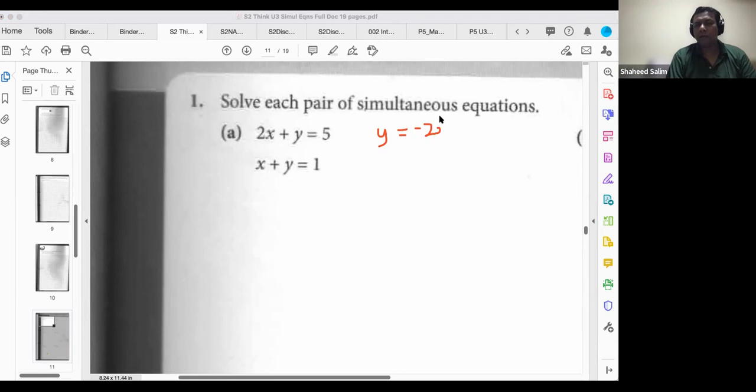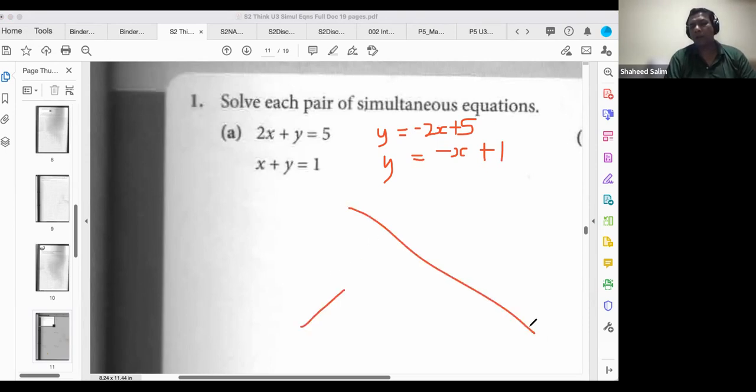This here is a graph. That means if you put in the value of x and y, you will get the coordinates of x and y. Right? Same thing. This one, y equals minus x plus 1. This is another graph. So when you draw the graph, let's say you go like that, then another one will go like that. Oh, you find this point.